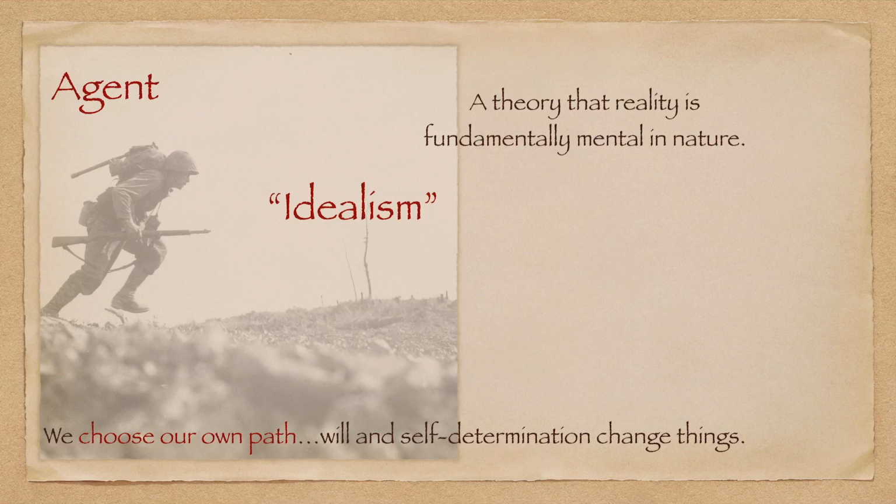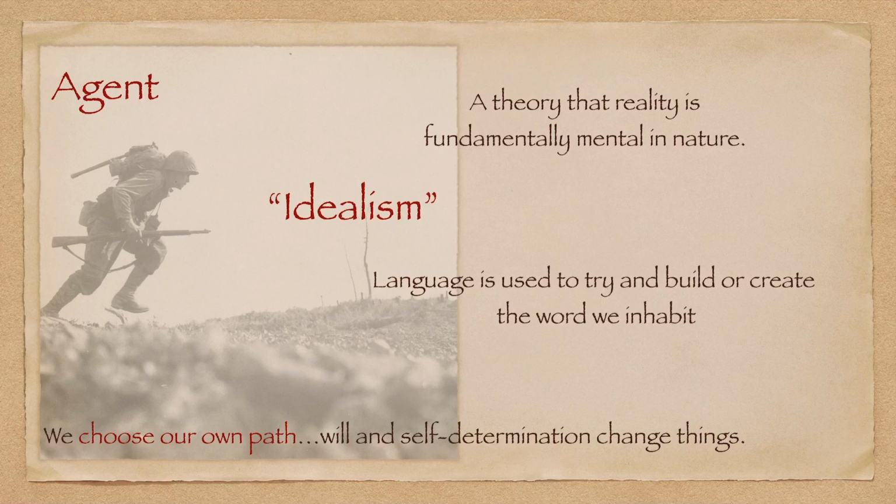When agent is the dominant aspect of the text, agent features idealism, which is a kind of theory that reality, at least the most important parts of reality, are really just mental in nature. You can construct, you can build your very own kind of reality, and you do it through your own actions.